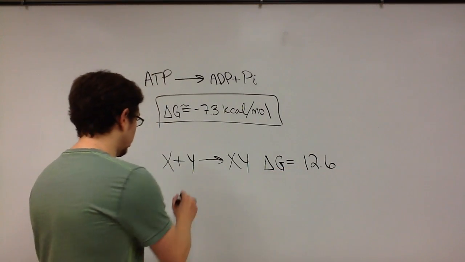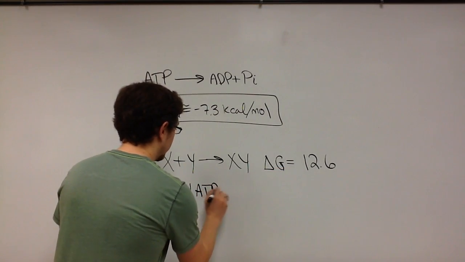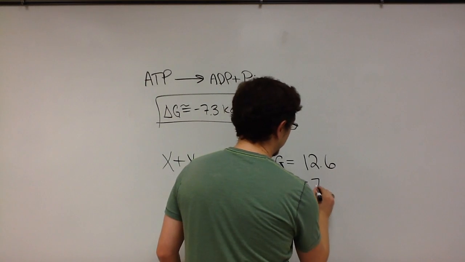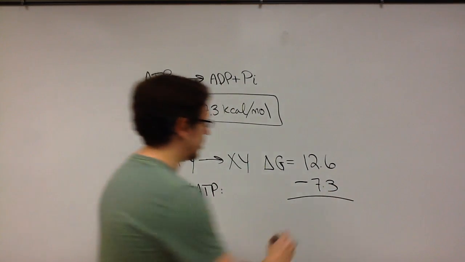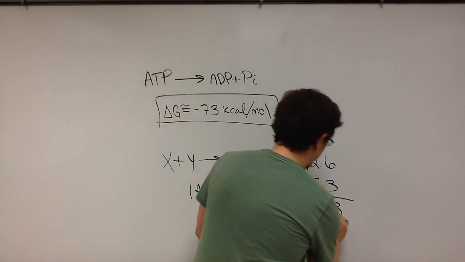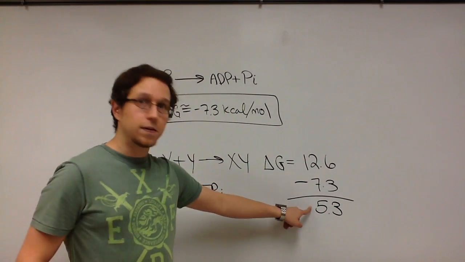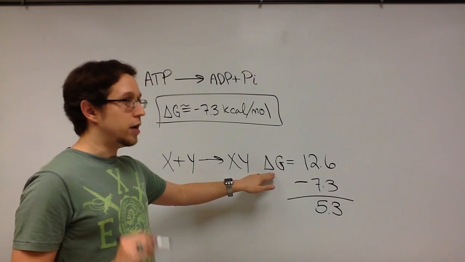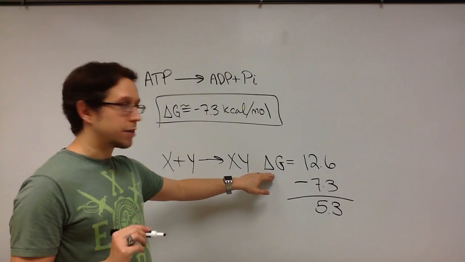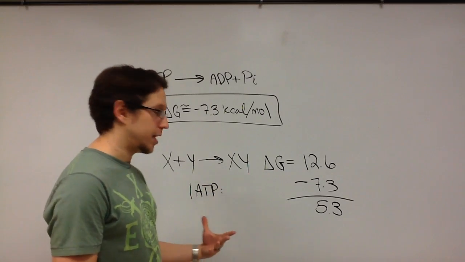So if I try just one ATP molecule, then essentially I'm subtracting 7.3 from 12.6, and it's giving me 5.3. This is still positive, and it's still greater than 0. So we are not at the point where the reaction is spontaneous.